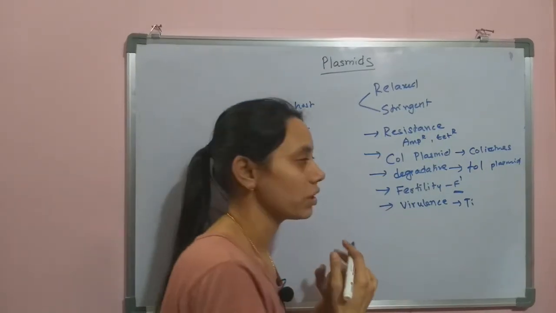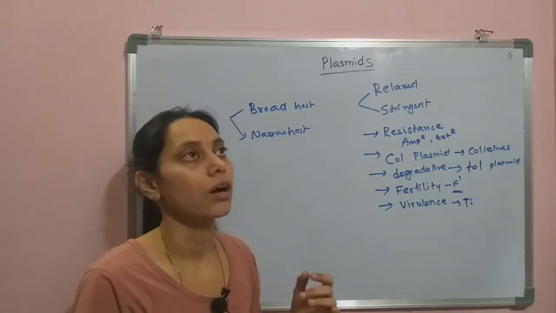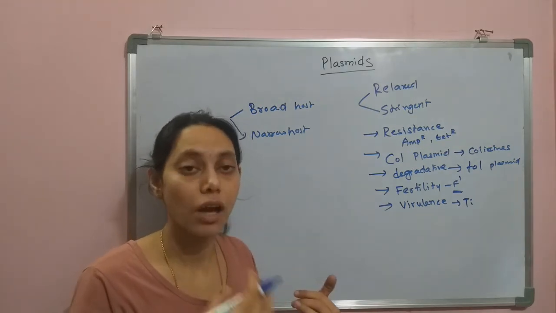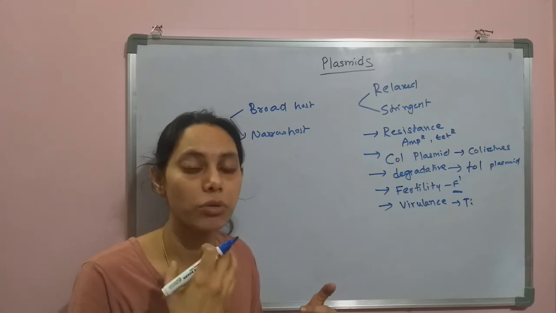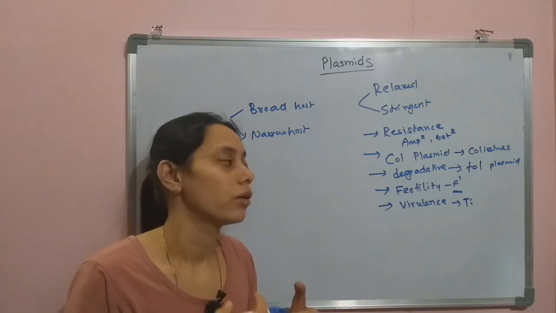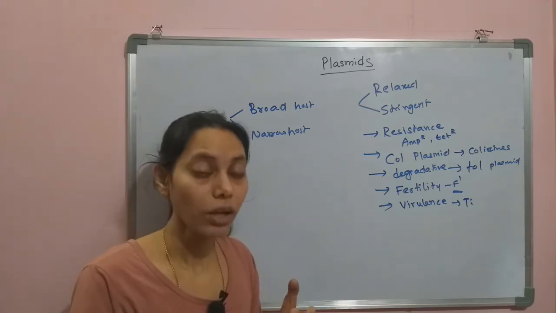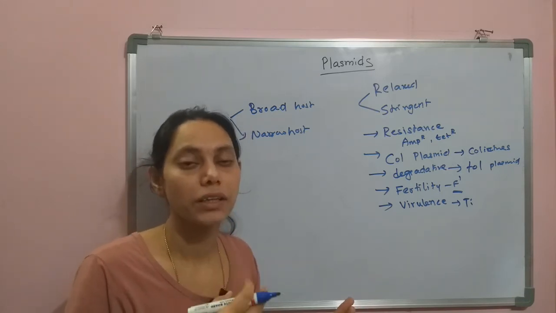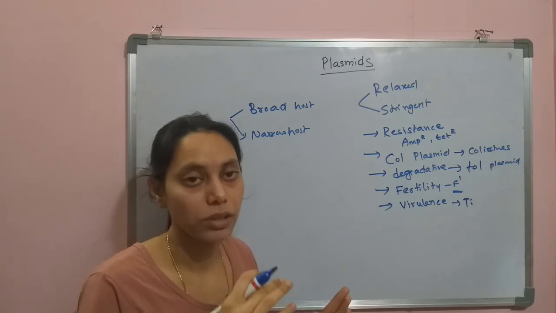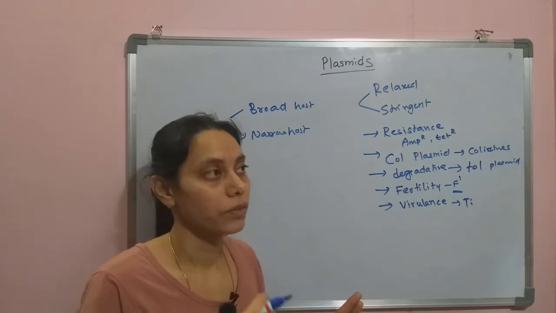And there are many other kinds of plasmids as well. There are cryptic plasmids with unknown function. There are metabolic plasmids which can increase the metabolism in the host cell. There are some plasmids which are recombinant, that means they are man-made, formed by inserting the gene of our interest into the vector, into this plasmid.